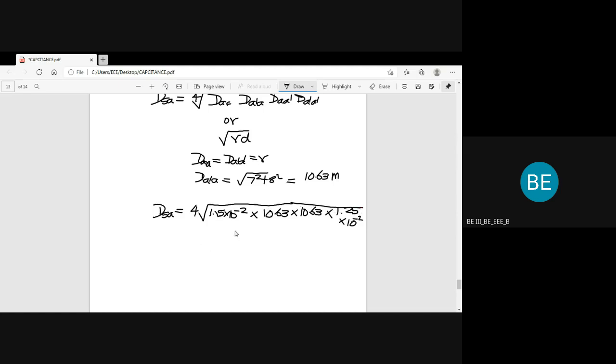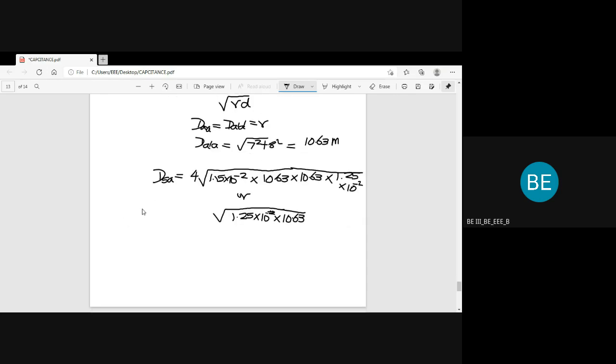Or we can write it as the square root of 1.25 into 10 power minus 2 into 10.63. Both will produce the same answer.